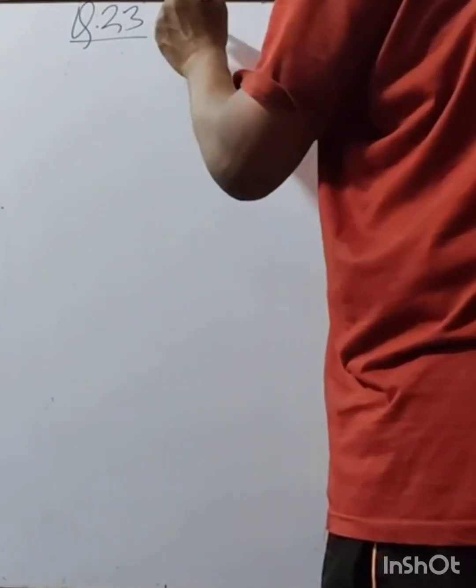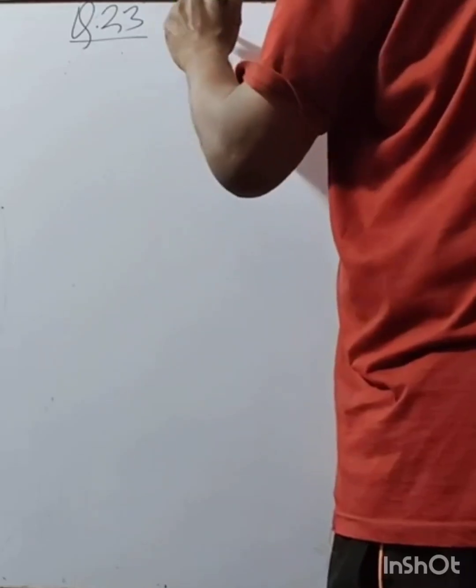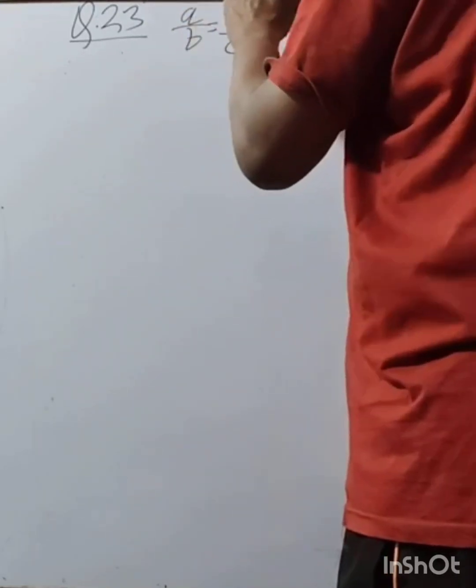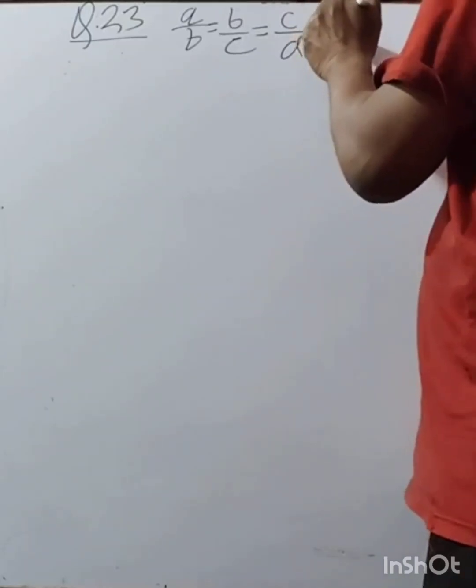That means we can write A upon B is equal to B upon C is equal to C upon D. Continued proportion.